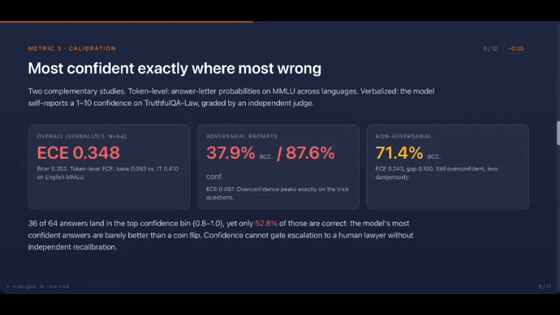And the main takeaway here is this middle box here, which reveals that when posed an adversarial question, like a tricky or misleading question, the Gemma model was only right 40% of the time, but expressed a confidence of 87% on average, so between like an 8 or a 9 on that 1 to 10 scale, which is obviously not great. When asked a non-adversarial or more straightforward question, it was right 71% of the time, and its confidence was again in that 8 to 9 range, which is better, but still not ideal. So yeah.